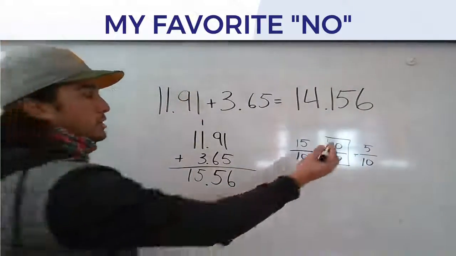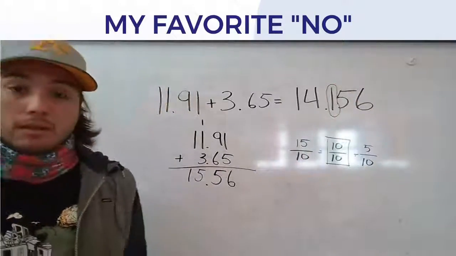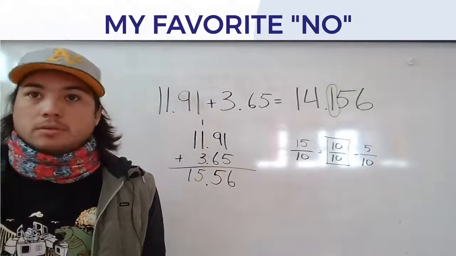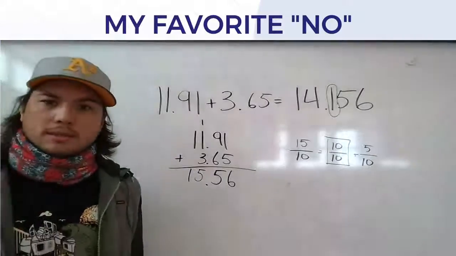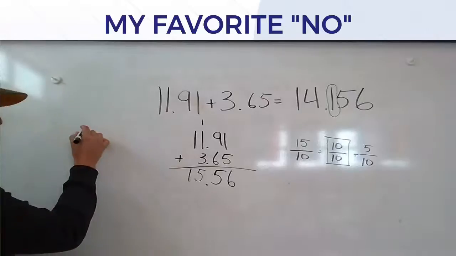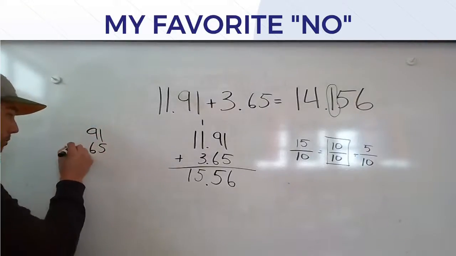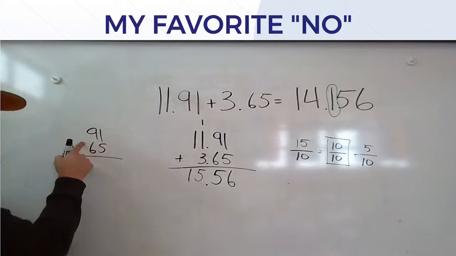All this mathematician had to do was, rather than create a new place, which they did, because when we add whole numbers, that's absolutely what we do. If we don't have anything to the left, we create a new place. Because in that case, going back to our 91 plus 65 in whole numbers example, there is a place to the left.